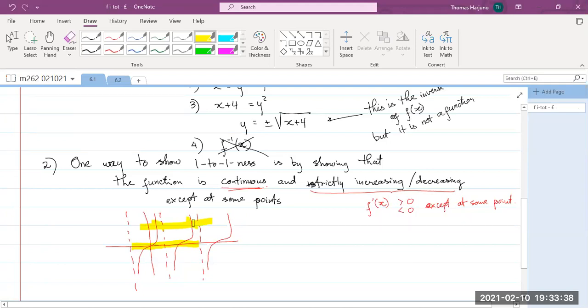The cause is that even though it's strictly increasing, it is not continuous. So you need two things: the function has to be continuous on that interval and strictly increasing or strictly decreasing on that interval, then the function is one-to-one on that interval.